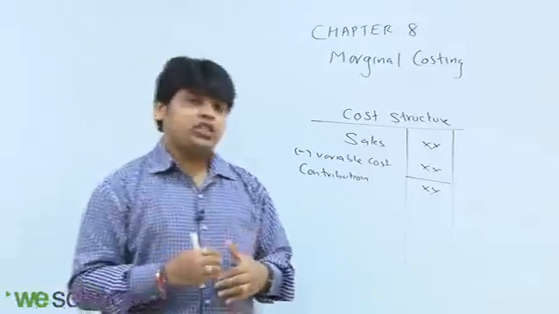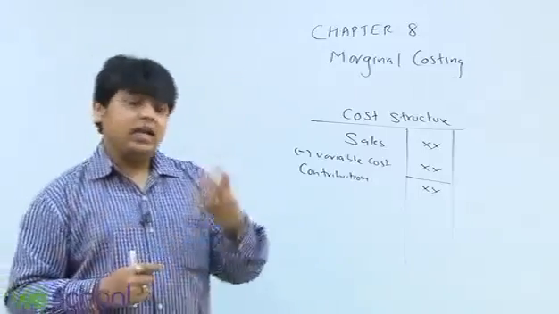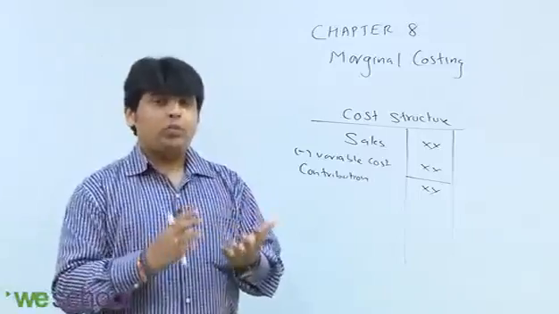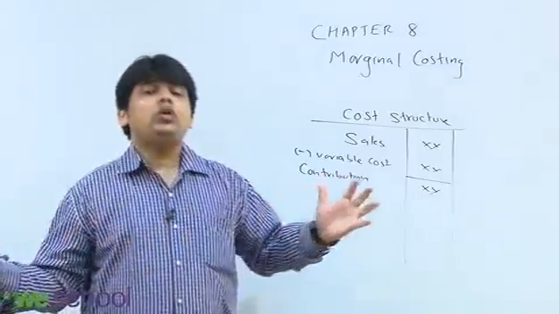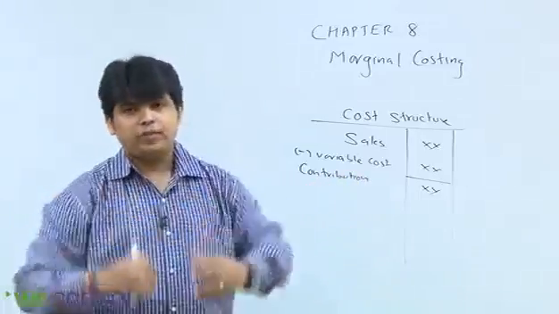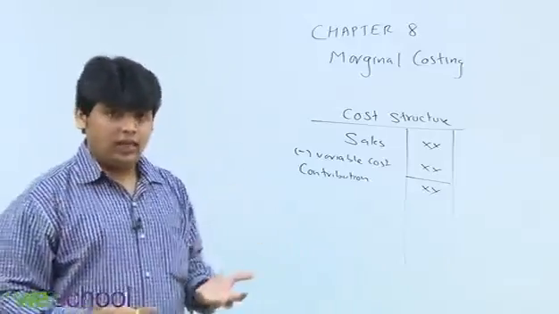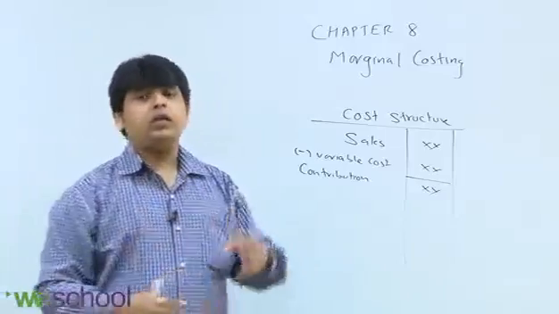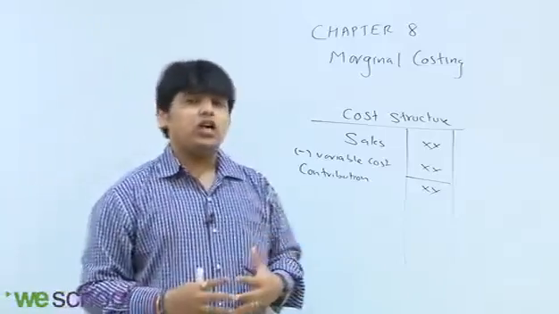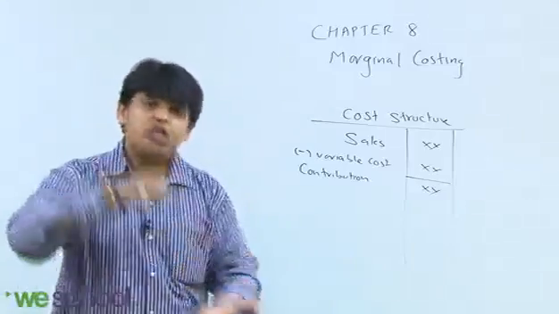When you calculate the cost of production, the cost of production is equal to the total variable cost. And what is variable cost? Once again, I will repeat, as I did in the 5th chapter. Variable costs are those costs which vary with production.